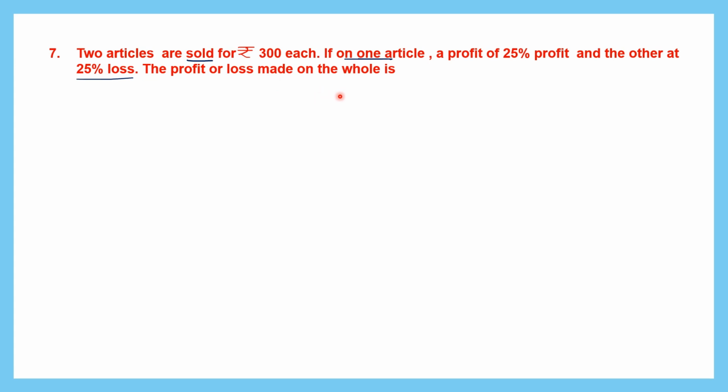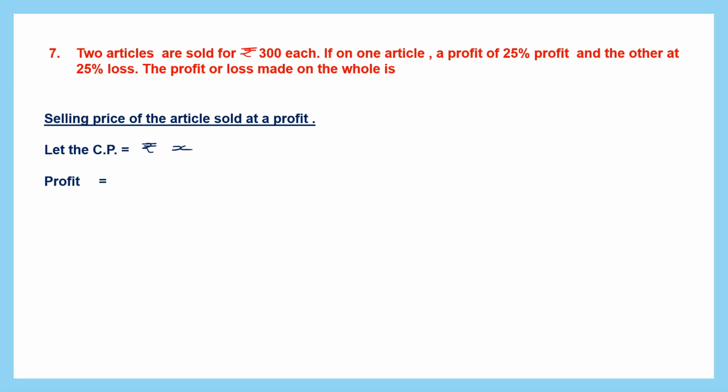So first we'll begin by writing the selling price of the article which has 25% profit. The article is sold at a profit, and here we consider the cost price to be X. So let the cost price be X. Now this was sold at a profit, and the profit given here is 25%.